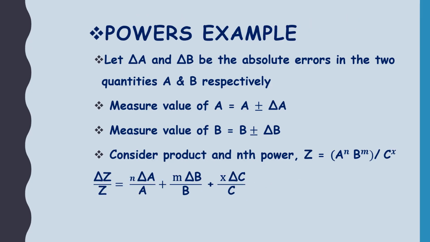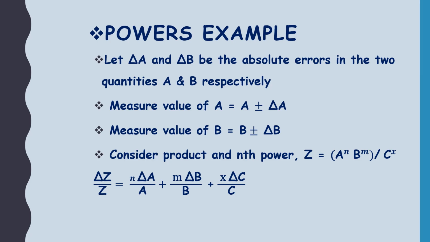Now the power in the complicated form. Here in this slide, first write the measured value of a, the measured value of b and the measured value of z as z is equal to z plus minus delta z, and you have the relation z is equal to a raised to power n multiplied by b raised to power m and the whole term divided by c raised to power x. Here a and b are in multiplication and c is in division. So we will apply both the formulas, for multiplication as well as division, and of the powers.